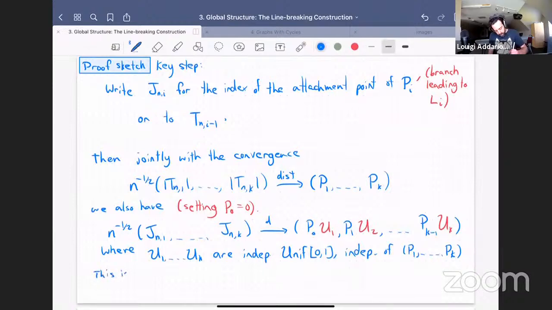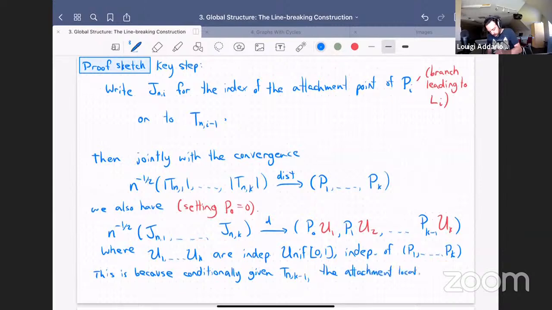This is just because if we condition on T_{n,k-1}, then the attachment location of the branch leading to leaf k is uniform on T_{n,k-1}.